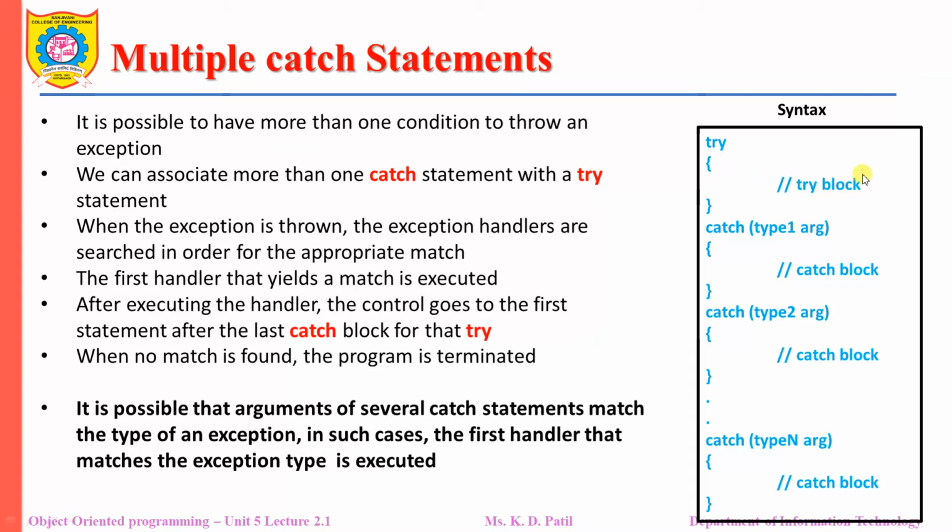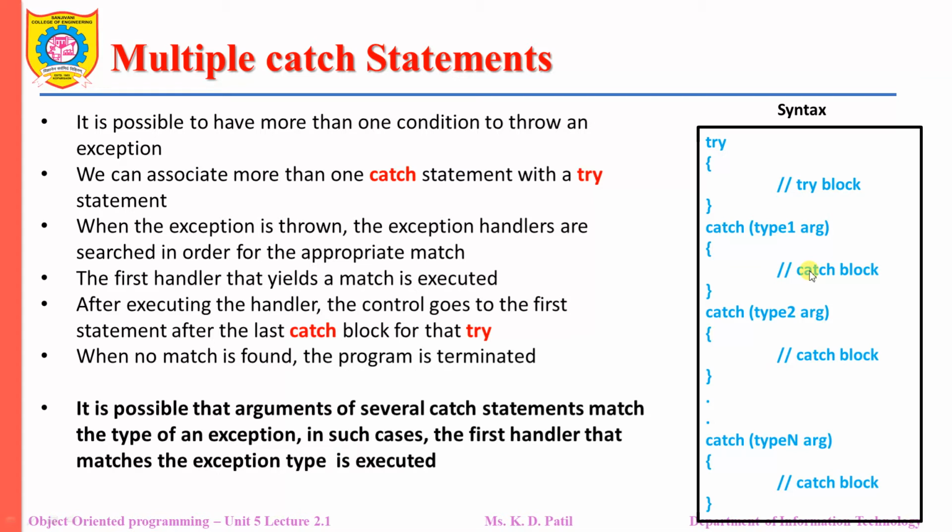So for example, if I have multiple cases here, then for each case I can throw an exception, and there could be different catch statements or exception handlers. And when I throw that exception, the match will be identified from these catch statements.